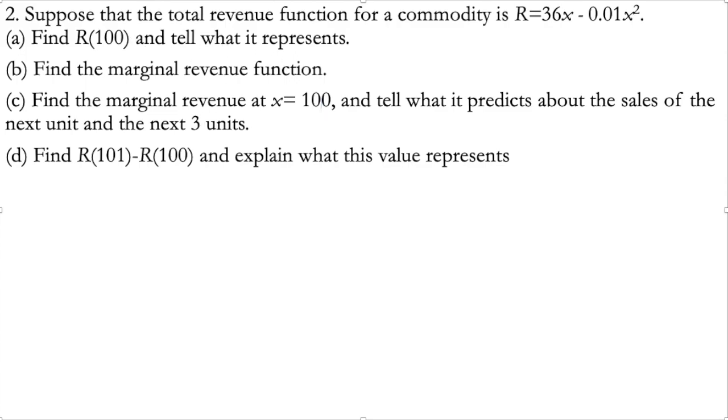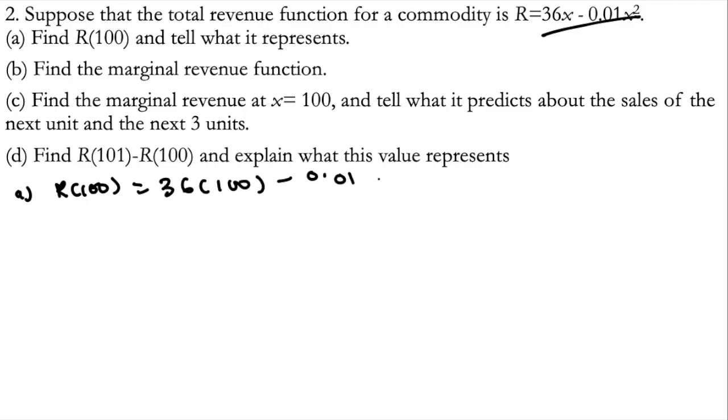So for question A, this is how we're going to do it. It's very simple actually. Revenue of 100 is equal to, you take the revenue function here, 36, insert 100, minus 0.01 x squared. So you change the x here to 100, multiplied by 100 squared.